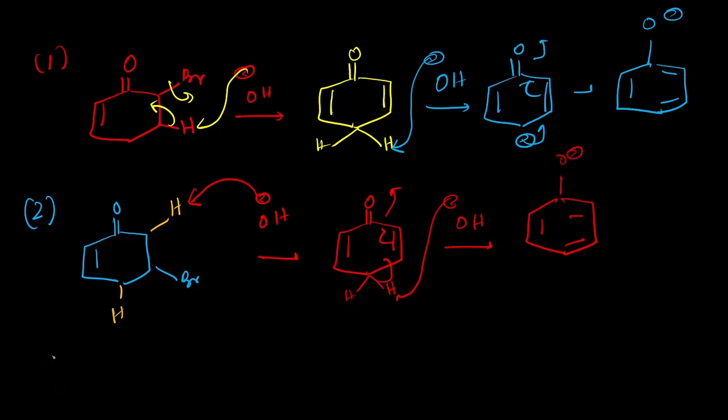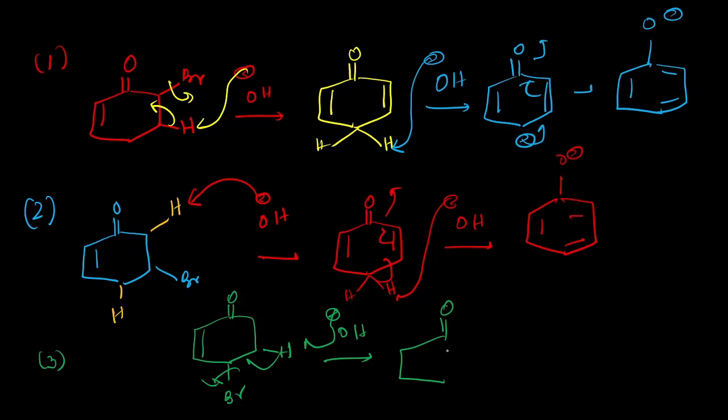In the third molecule we have bromine attached to this position, so we have only one beta hydrogen present here. So OH minus will approach this hydrogen, and this is going to be our initial product.